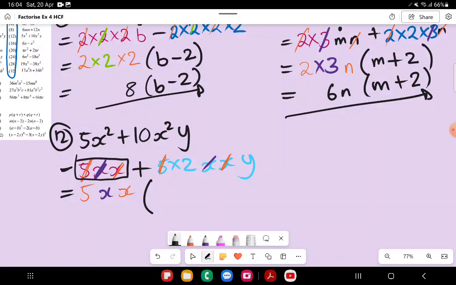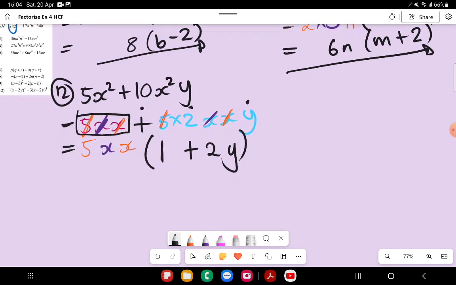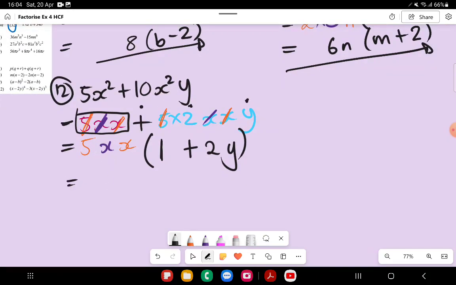And remember in the previous video I said, if everything is taken out, 1 is left. It's not 0, it's not nothing, it's not disappeared, it's not magic. There is 1 in that place. So I have 1 plus 2y. Now I'm going to simplify, and I'm going to say 5x squared bracket 1 plus 2y, and that's my final answer.